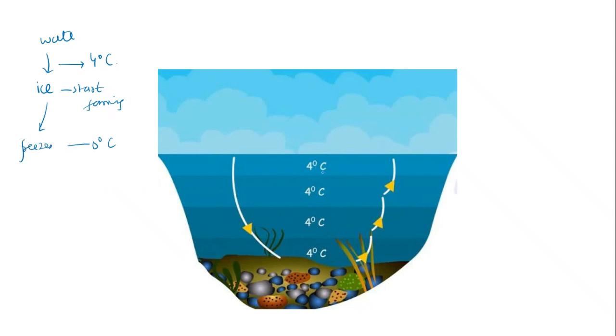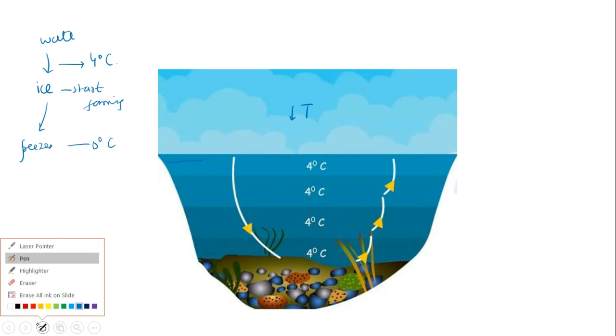So when the temperature reaches 4 degrees Celsius, water at mostly the upper level does not convert immediately to ice, but because the temperature in the environment is getting lower, the first layer of water to freeze is of course the upper layer.